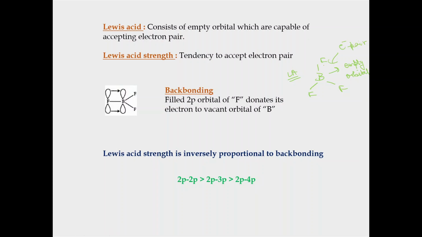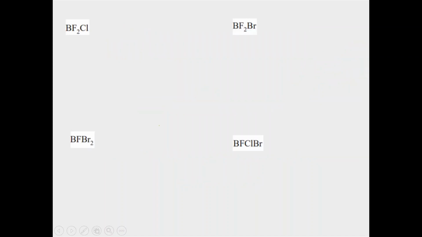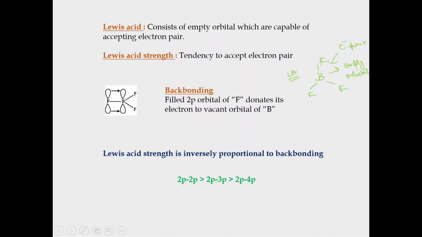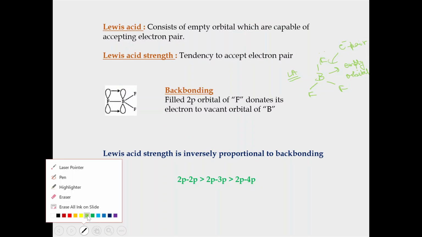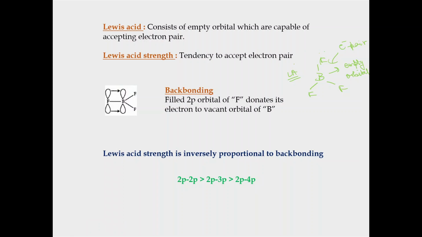By back bonding we mean that all the fluorine atoms have lone pairs. From their filled orbital they can donate electrons to the empty orbital which is present on boron.